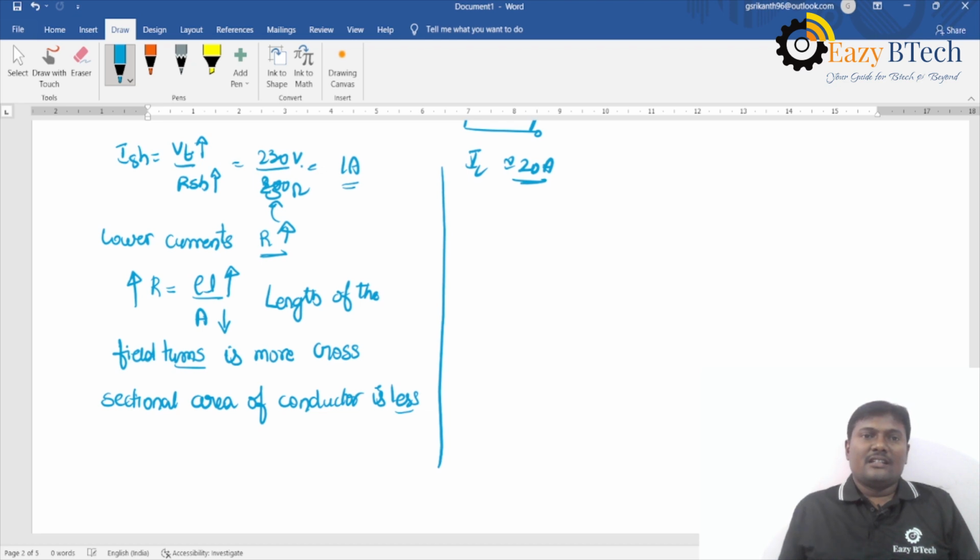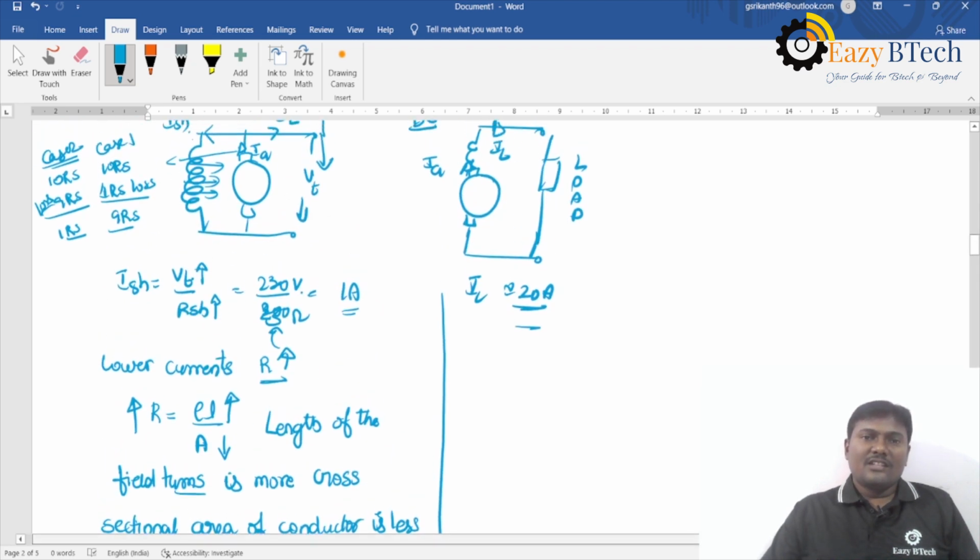Coming to the series case, if the same resistance is kept in series with the armature, the Ia square Rf value should be very high in this case.